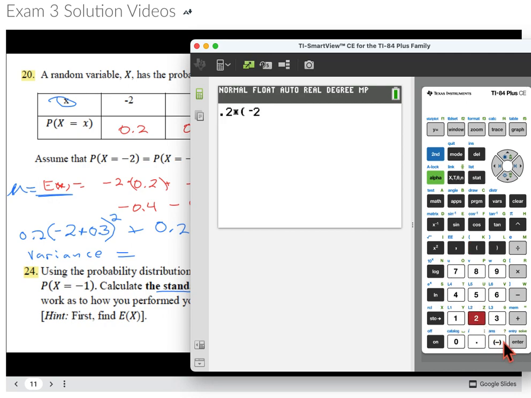Make sure you use the negative key, not subtract. -2 plus 0.3. We're going to square that. We're going to add 0.2 times 1 plus 0.3. Oops, not 1, it's -1.